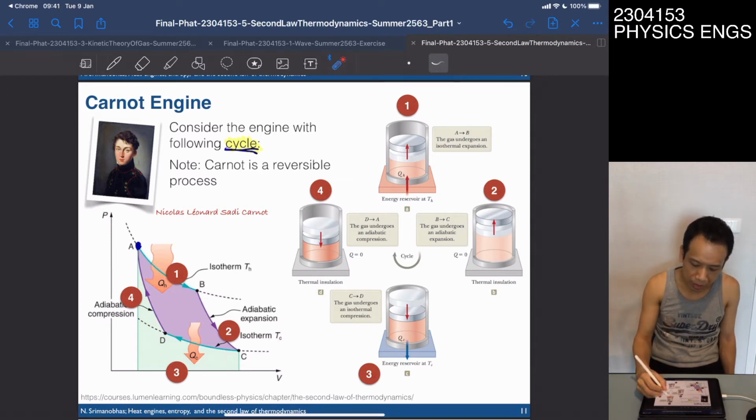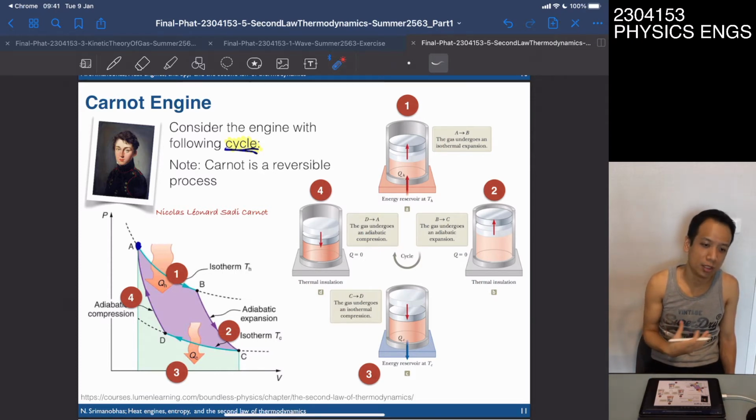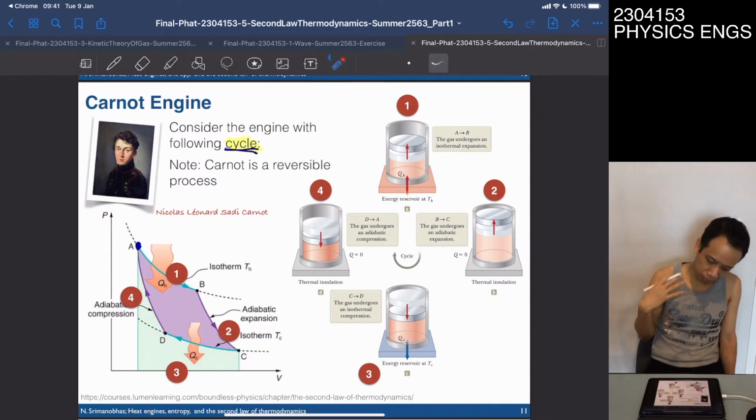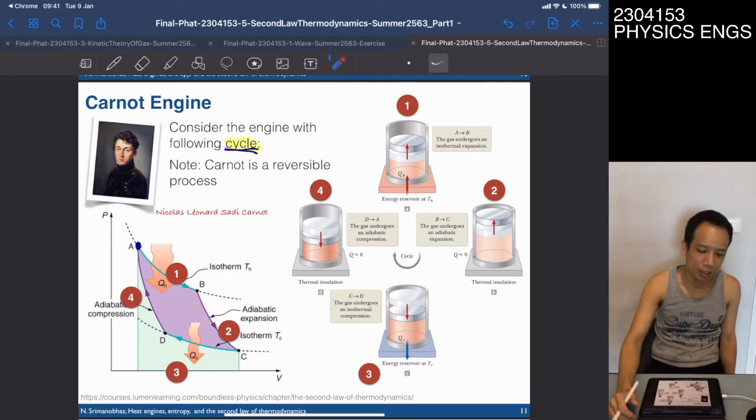You have the energy reservoir T hot that provides heat to the system. When we talk about the reservoir, it means that the change of energy of the reservoir is very small. You can imagine the sun: you take out some energy to boil water, and the total energy of the sun doesn't really change.